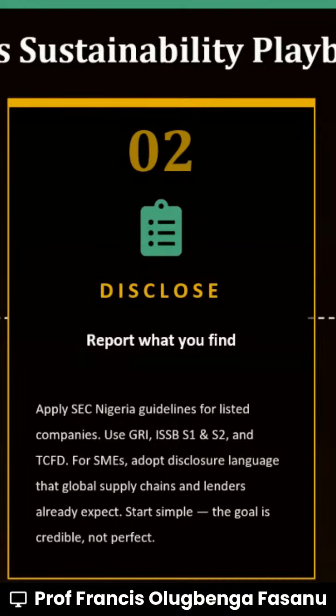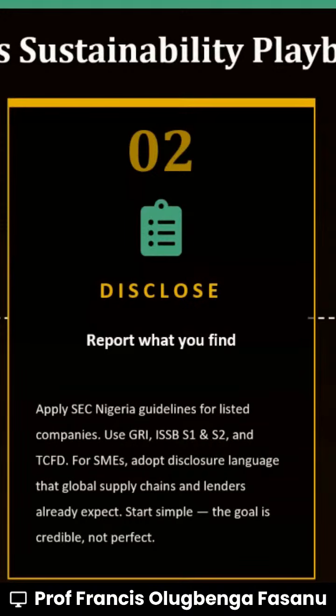Even when you think the companies we are dealing with are too small, well, they could be small now, but they're going to grow. And they're going to have the ambition to supply to the international market. And if they're going to supply to the international market, they're probably going to have to deal with large corporations in that market. And those large corporations are getting their funding from investors that require them to be environmentally sustainable, right?